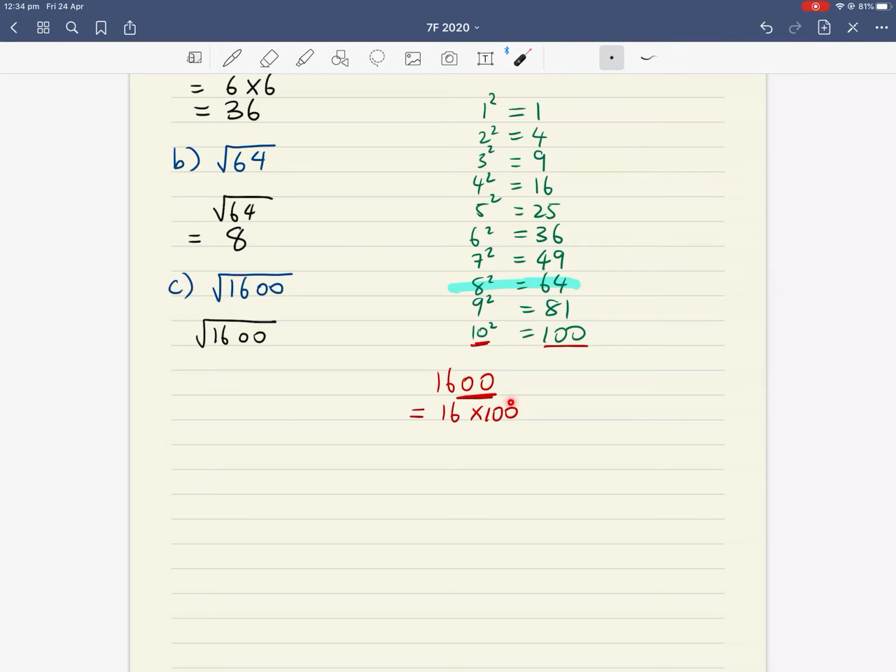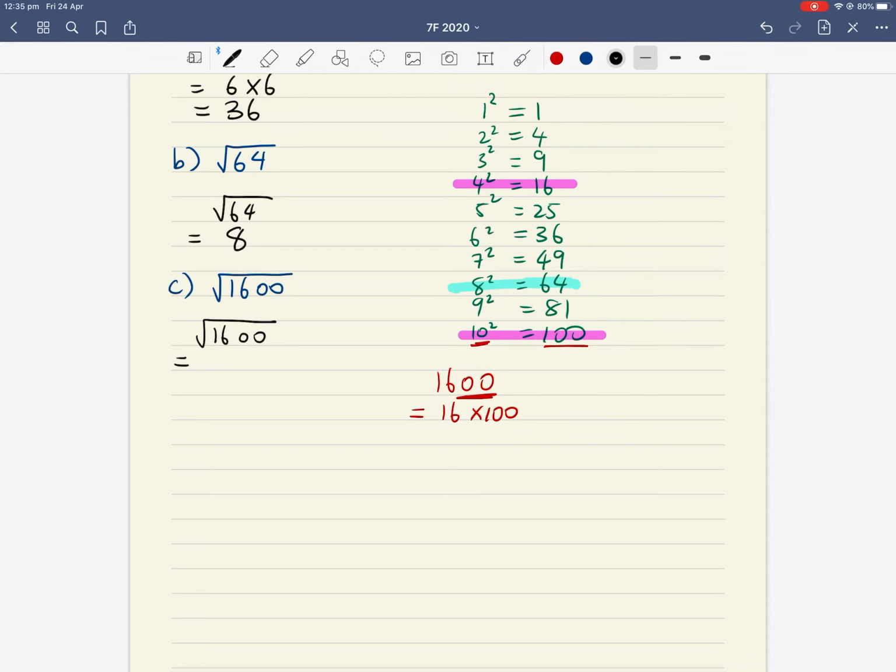So I'm thinking, well, the square root of 100 is 10. Is 16 a square number? Does something squared give me 16? Well, if you look at your list, you go, hey, 4 squared is 16 and 10 squared is 100. So I can break this down into 4 and 10.